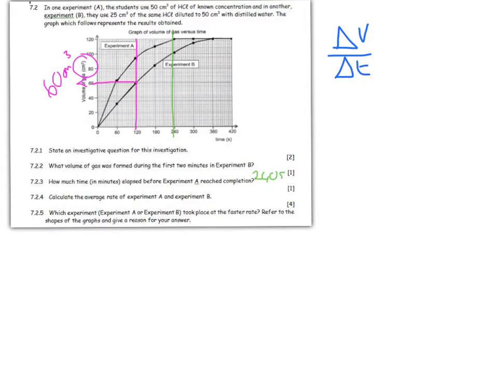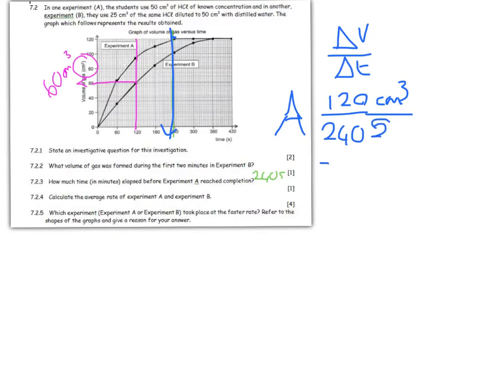For experiment A, the change in volume was 120. And how long did that take? That took 240 seconds. So it's 120 centimeters cubed divided by 240 seconds, and that lands up being 0.5 centimeters cubed per second.